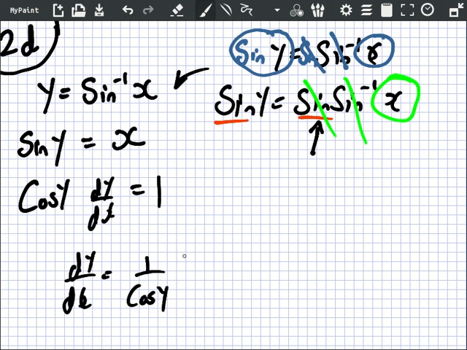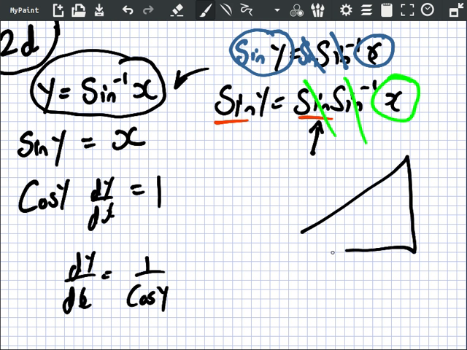That's not as bad to fix as you think, because if you draw this, it represents a triangle. y represents an angle, and sine is defined as opposite over hypotenuse. So x over 1 can be represented here and here.